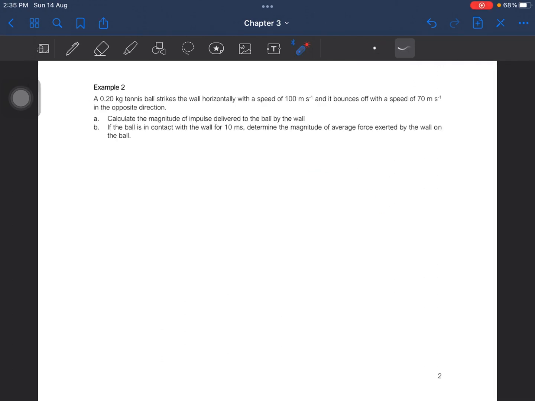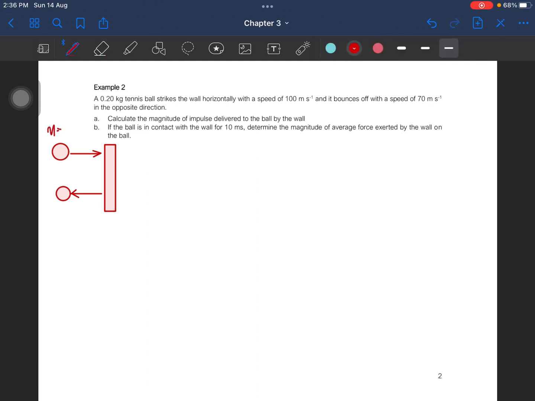Example number 2: a tennis ball strikes the wall horizontally with a speed of 100 meter per second, and it bounces off with a speed of 70 meter per second in the opposite direction. Basically there is a wall and a ball here. The ball strikes this wall and then bounces off in the opposite direction.